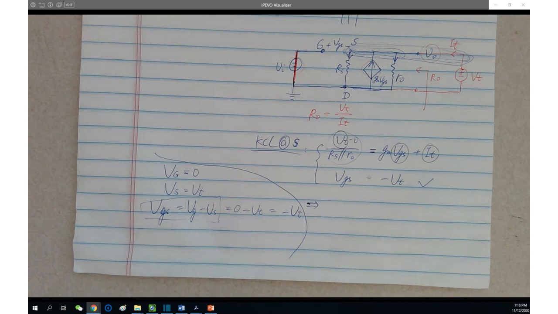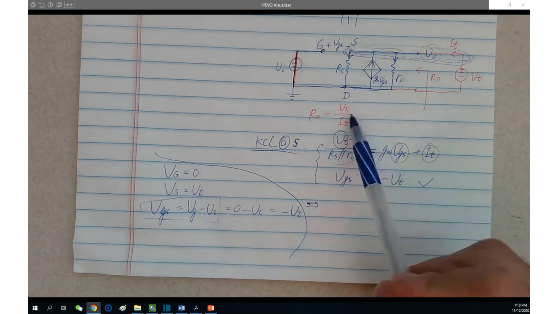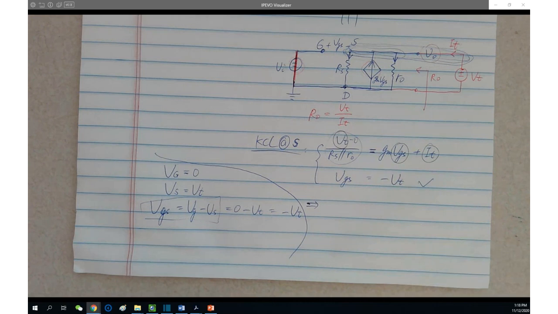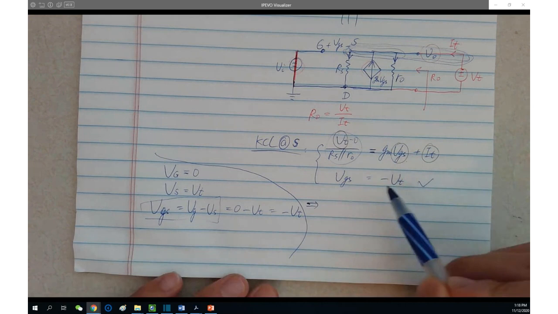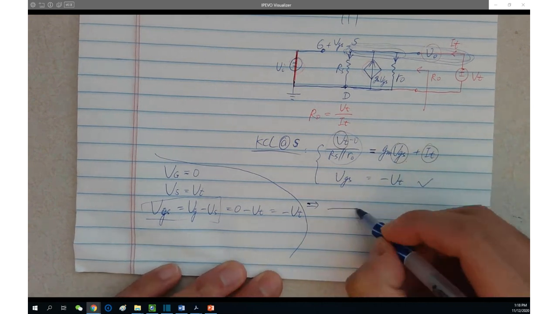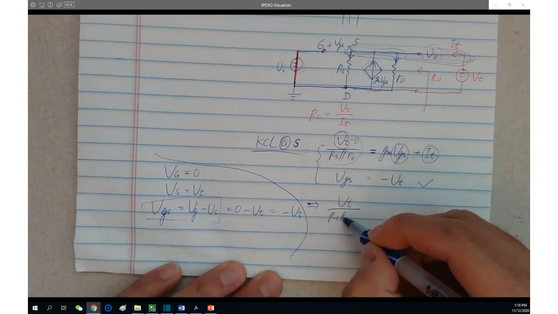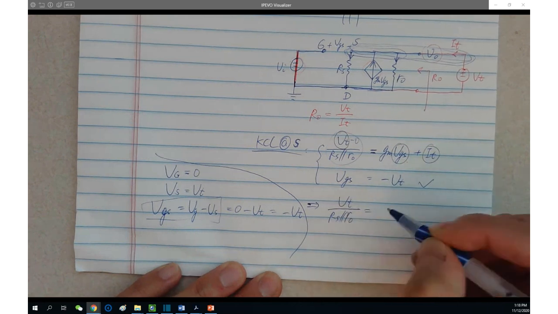So whom do you want to get rid of? Obviously Vgs. You want to substitute Vgs by something else, by Vt and It. So in the rest of the equation, you only have Vt and It. Therefore, you're able to find a ratio between them. Does it make sense? So in the first equation, you have a Vgs over here. And the second equation, very convenient. Vt over Rs parallel with R0. This is the first equation.